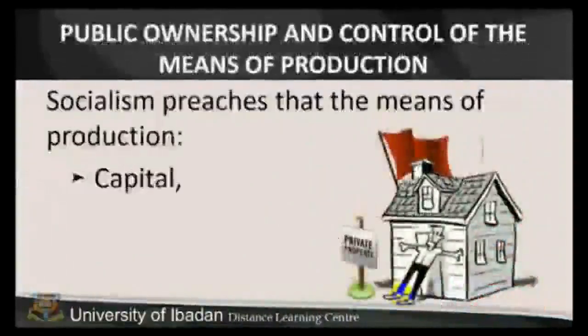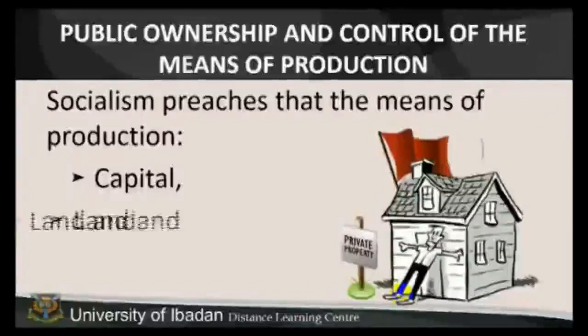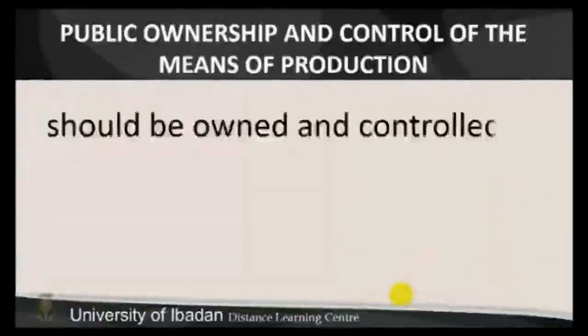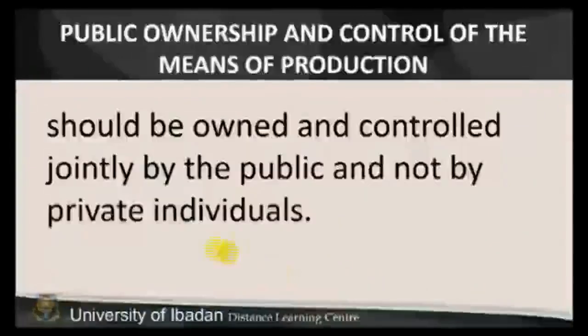Public ownership and control of the means of production. This is one of the required elements in the definition of socialism. Socialism preaches that the means of production, capital, land, and property should be owned and controlled jointly by the public and not by private individuals.